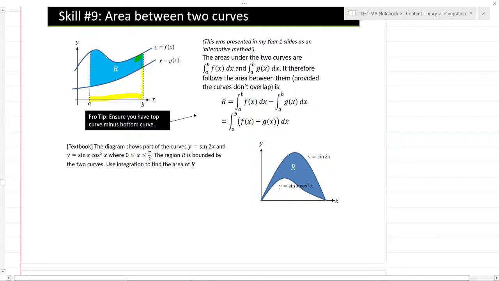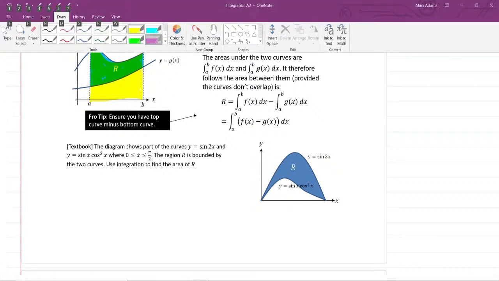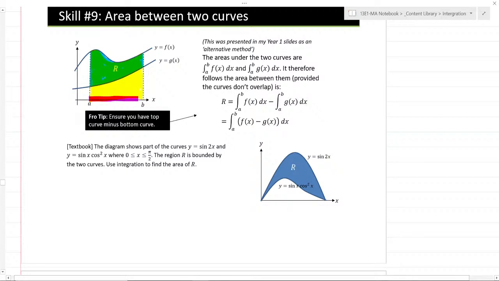This yellow I've highlighted, I know it looks a bit green on top, is the area of f of x between a and b. Everybody all right with that? If I then want to find the area of R on top, I need to subtract the area of this pink/red area, which is this part here.